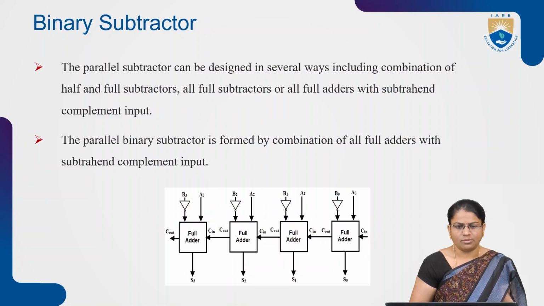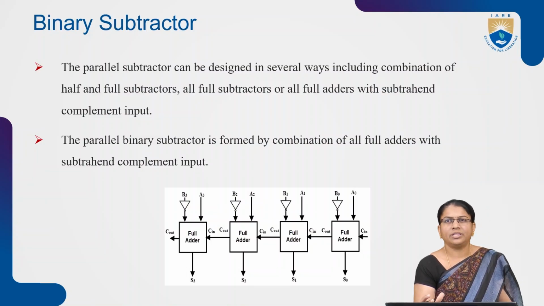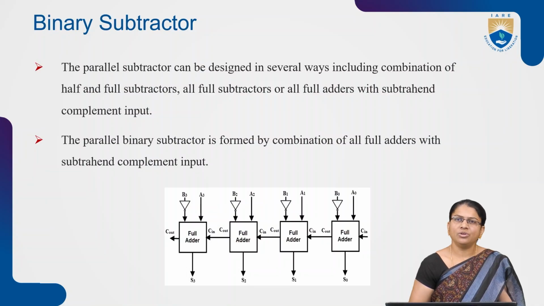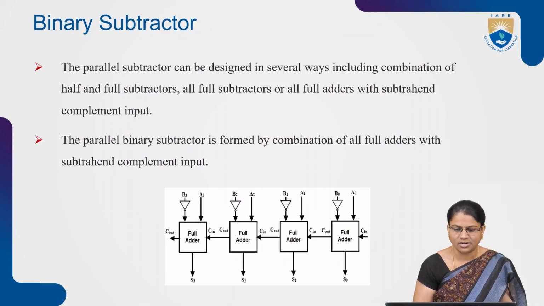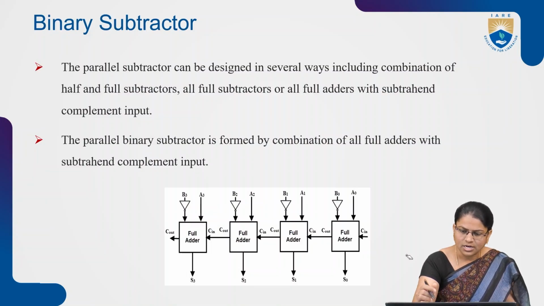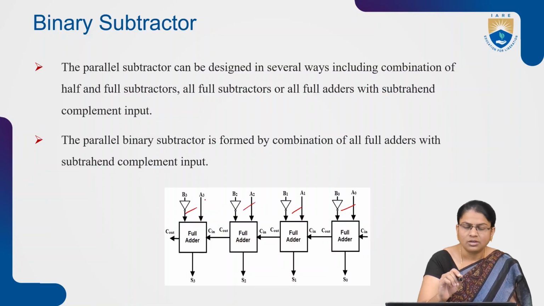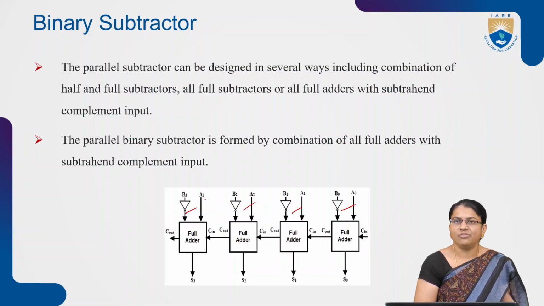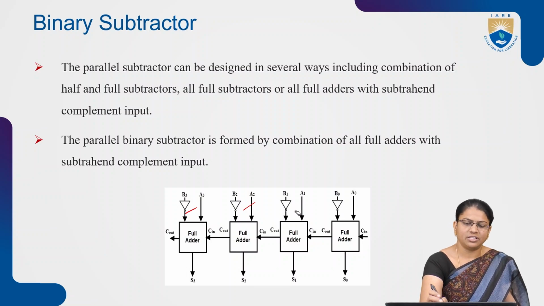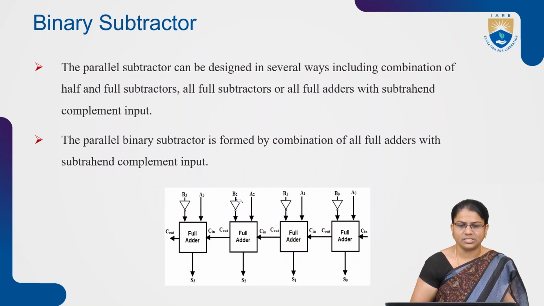So how the parallel binary subtractor is formed: you have to take the full adder circuits, and when you have a Cout value as 0, then you have to take the complement of that value. Then the output can be generated for the next carry input of the full adder, which means we have to take the NOT operation for the next output. If it is 0, then you have to take the complement of that value. Then the sum and carry equations will be different for the binary subtractors.